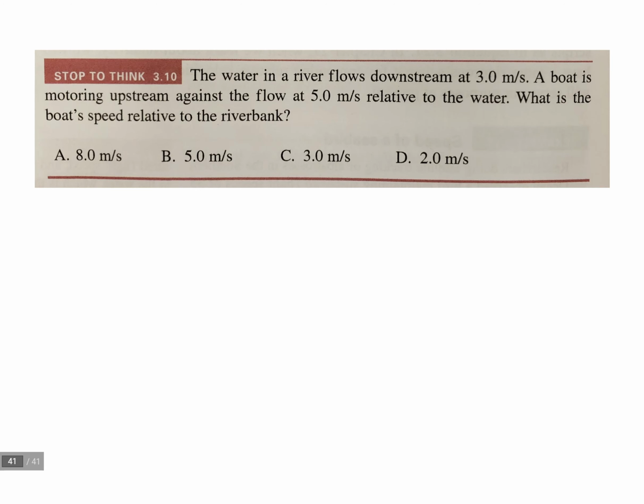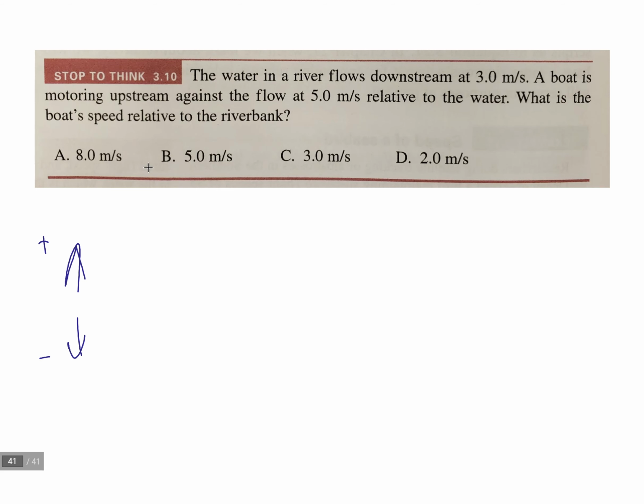We could draw a picture for this one, and it might actually make this a little bit easier. Downstream, let's just call that down, and upstream is up. That makes upstream positive, and downstream is negative. Okay.